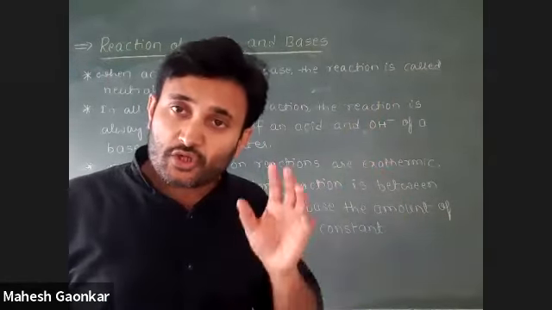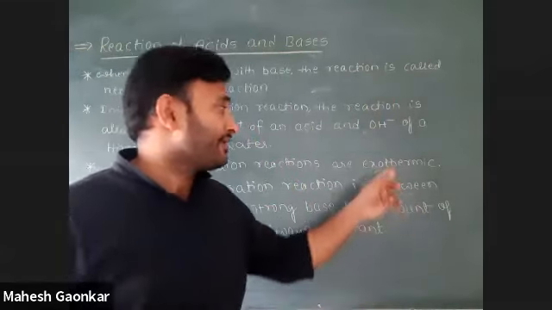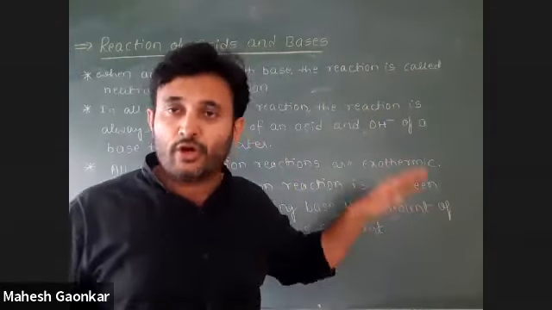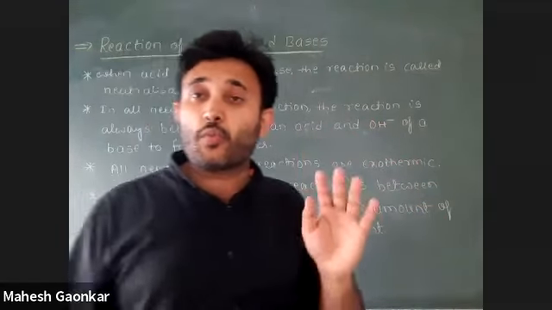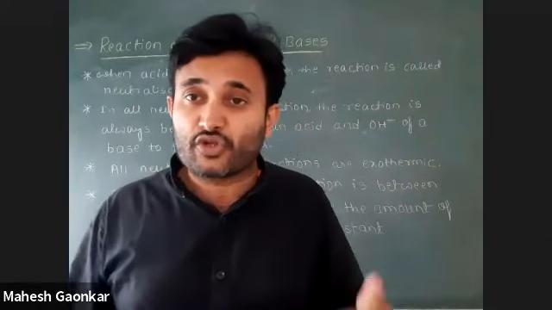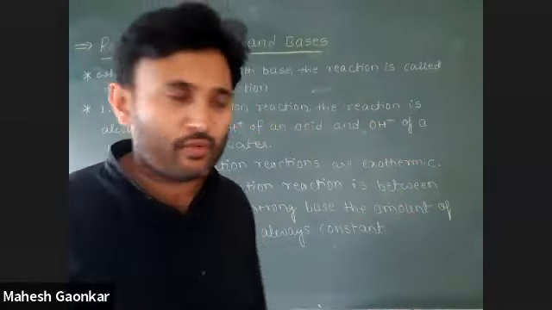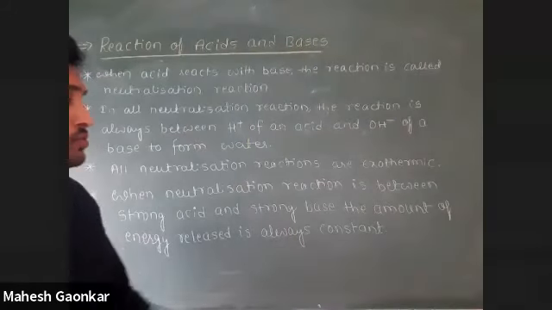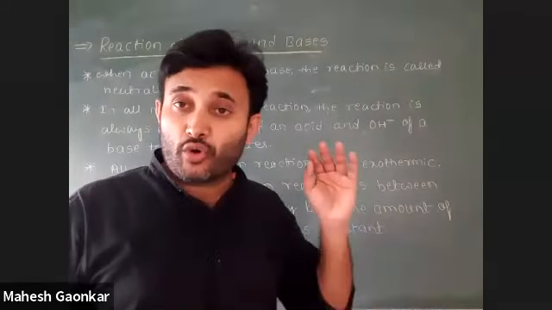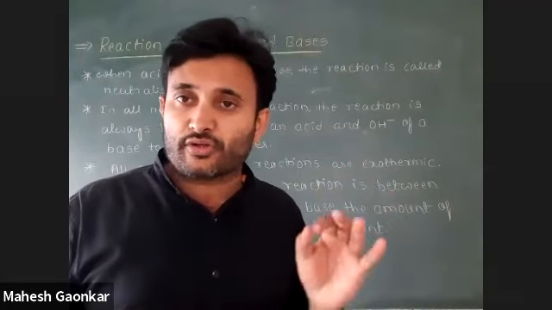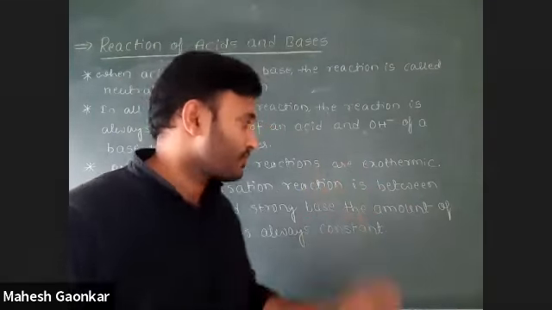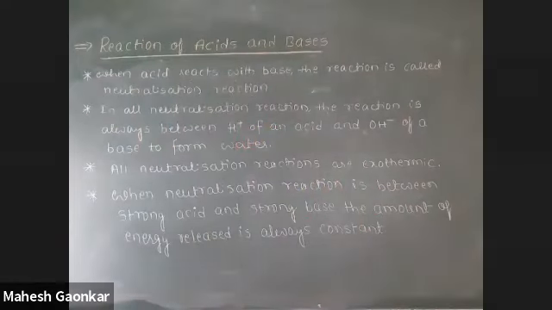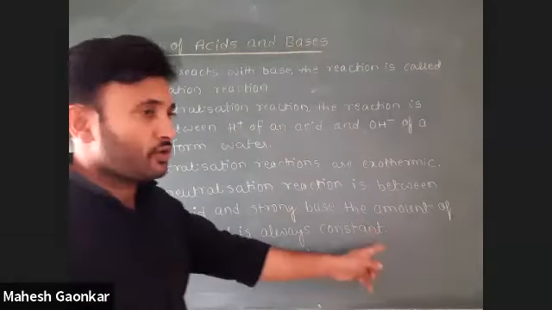The amount of heat or energy released is always constant. 52.2 kilojoules of energy will be released, and that value is not required for you. I'm just telling you. Hope that's clear. Yes, sir.